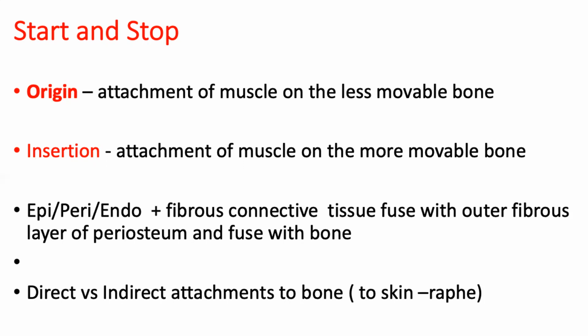So which is the origin, which is the insertion? It's easy to say the proximal attachment is the origin and the distal attachment is the insertion. But in anatomy, we will also say the attachment of the muscle on the less mobile bone is the origin, and the attachment of the muscle on the more mobile bone is the insertion.